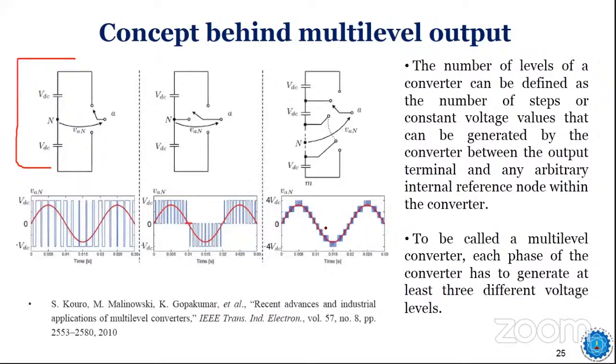In a multi-level inverter also we have a 0 level, some levels on the positive side, and some levels on the negative side, and that is why this is called multi-level output. It is more than 3 level: 5 level, 7 level, 9 level, 11 level. These are all odd levels.